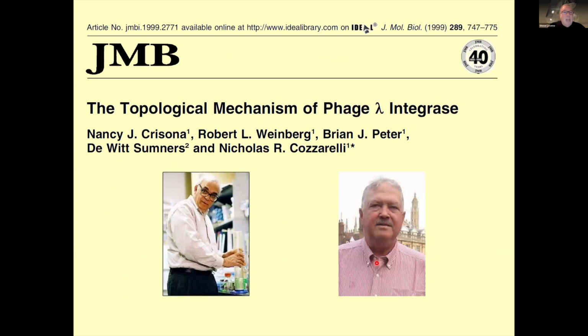And I want to give a shout out to this classic paper by DeWitt and Nick Cozzarelli, which very thoroughly investigated some of these systems, including the Cre system, although the main emphasis of this paper is on the bacteriophage lambda integrase system. My recollection is that this paper had a gestation period of something like 5 or 6 years. But that's easy to understand when you read the paper because it's a true knot topology mathematical tour de force.